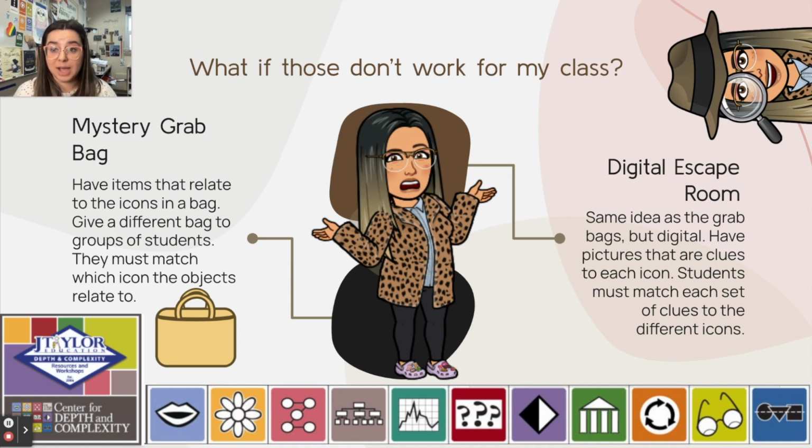So have like a basket or bag per icon, and then think about what each icon is. Like for language of the discipline, you could have a dictionary or a glossary or a thesaurus. You could have a Spanish book, or print out math terms, or geography, like different types of landforms, that sort of thing.